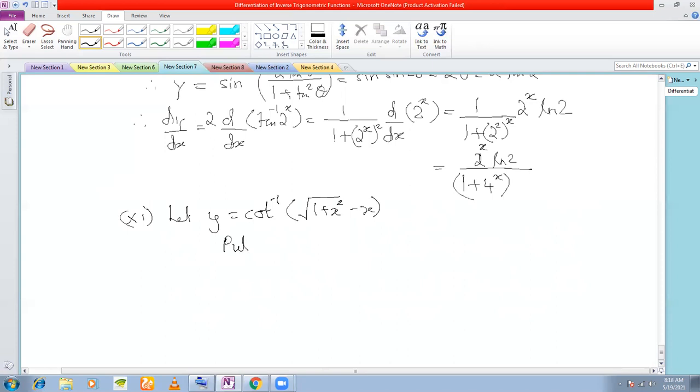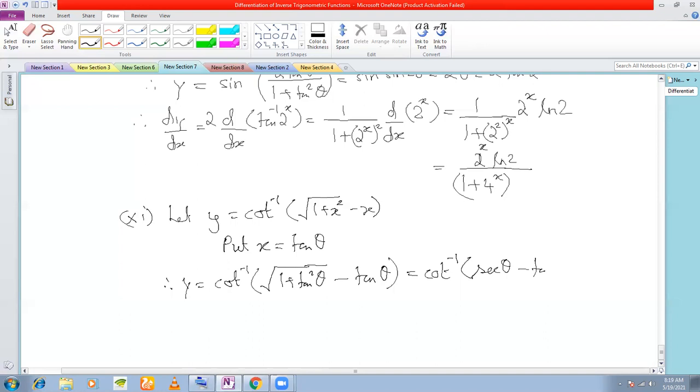So you can either substitute x is equal to tan theta, or even x is equal to cot theta will work, because 1 plus cot square is cosec square. And we know 1 plus tan square is sec square. That is why we put x is equal to tan theta. Therefore, y will become cot inverse of root 1 plus tan square theta minus tan theta, which is equal to cot inverse of sec theta minus tan theta.